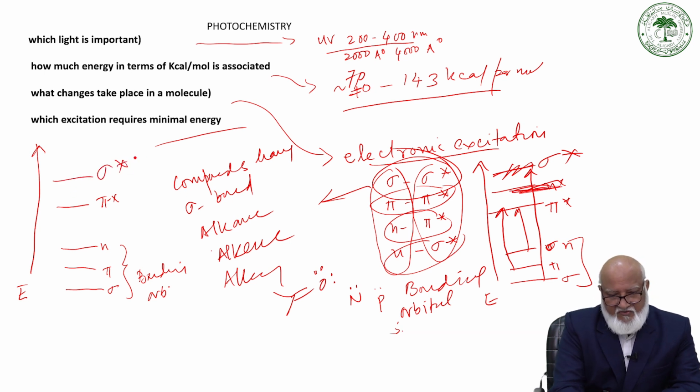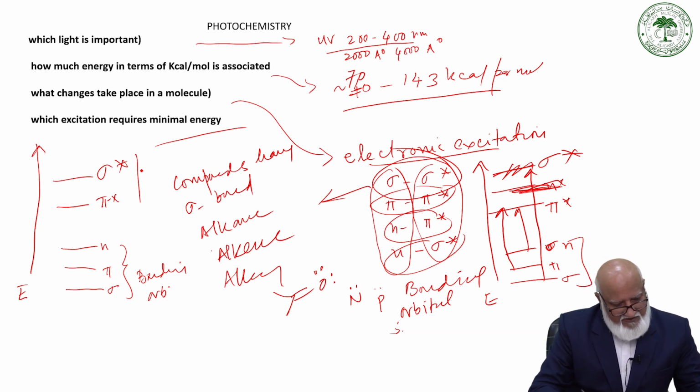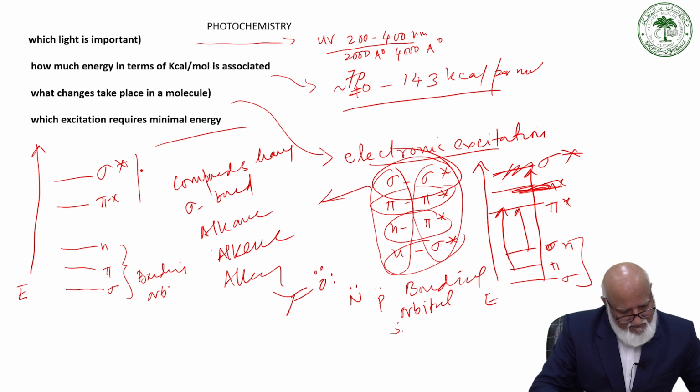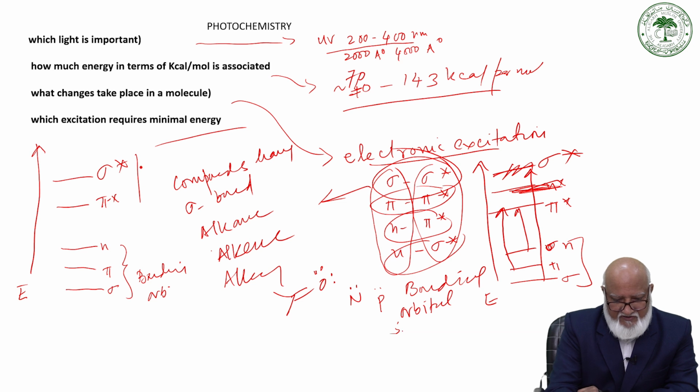So these are anti-bonding orbitals, right? So when we shine light, the molecules undergo excitation to the anti-bonding orbitals.